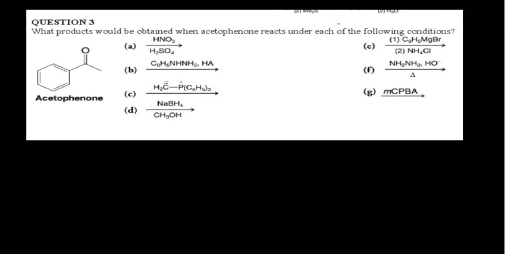Okay. Part A, you have acetophenone reacting with nitric acid and sulfuric acid. So what is going to happen is there will be a reaction between nitric acid and sulfuric acid.